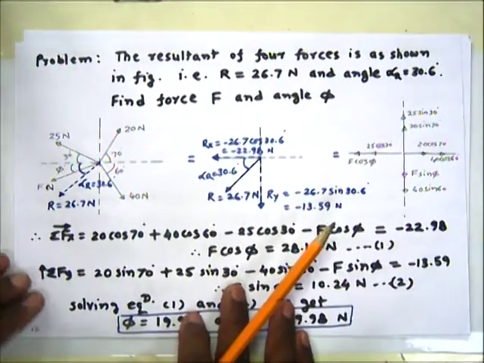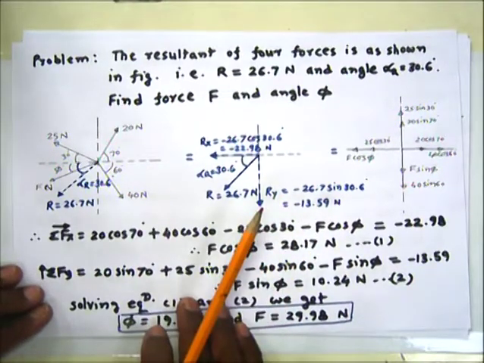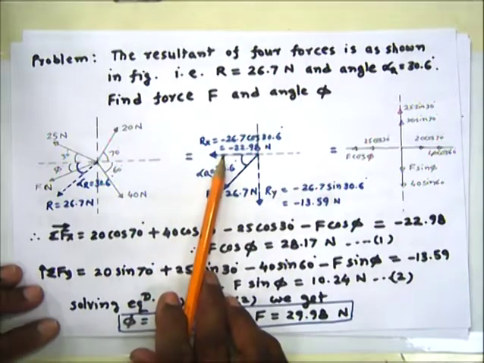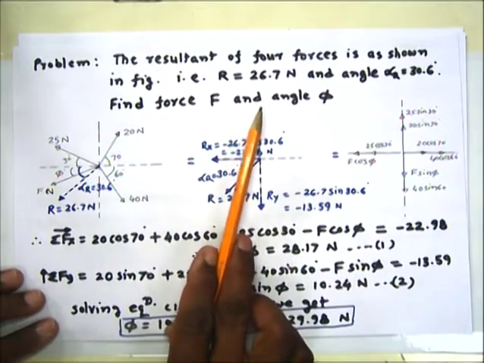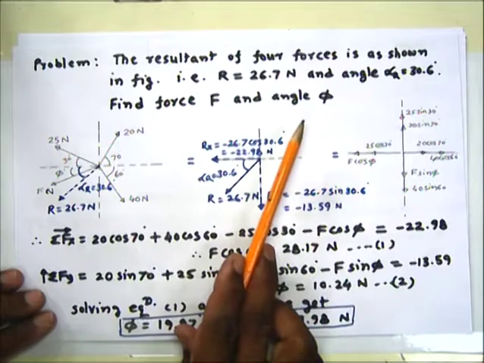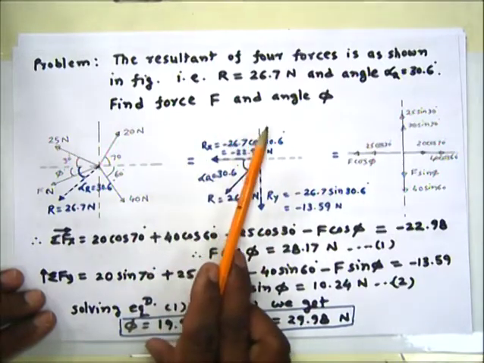Then suppose the resultant of 4 forces is as shown in the figure, and its resultant is already given as 26.7 Newton, and the angle of that resultant is also given as 30.6. You are asked to find the force F and angle phi.